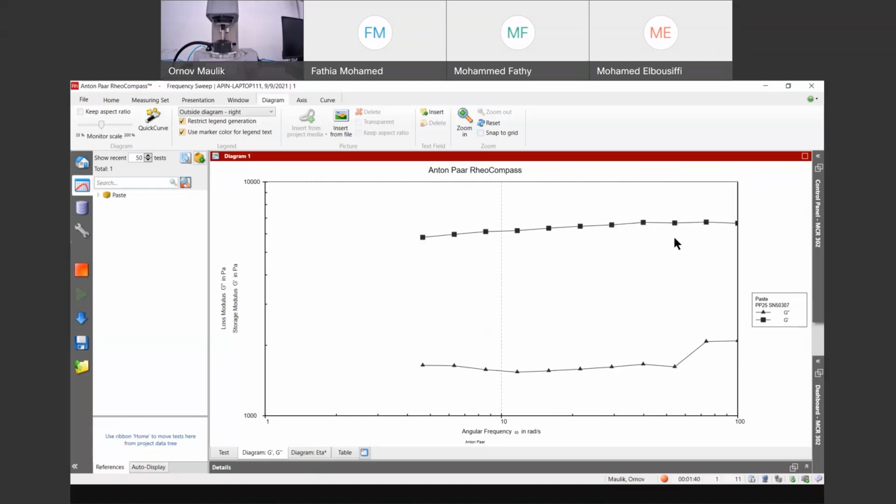So if you need to compare the physical stability of your samples, you can measure the slope of different samples, which I will show you in a pharma example.